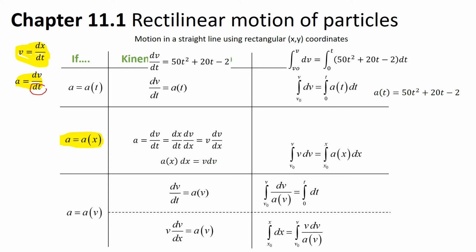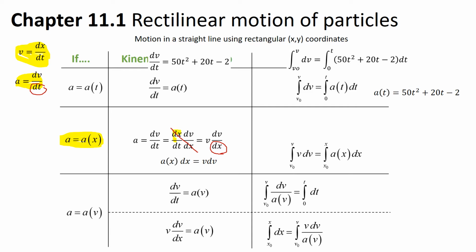Okay, so we want to replace dt, and we want to get something that is dependent on position instead. And how we do that is through the chain rule. You remember how to do the chain rule from calculus. We're just going to multiply dv dt by dx over dx.